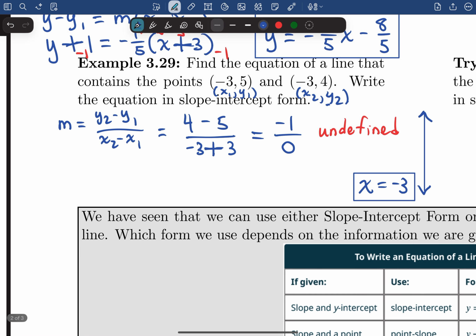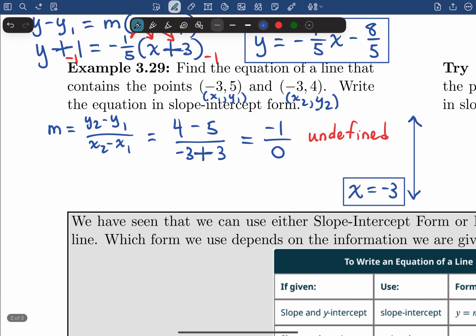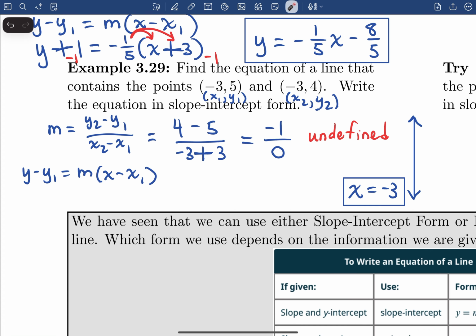We could also go through the point slope form process. So I'll talk you through that very fast. We have y minus y1 equals m times x minus x1. But we would encounter a problem because we found that our slope is undefined. Well, this being undefined makes it really hard to proceed because this isn't a numerical value, it's undefined.